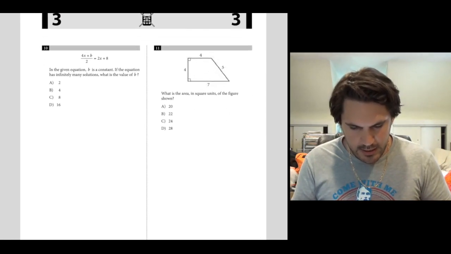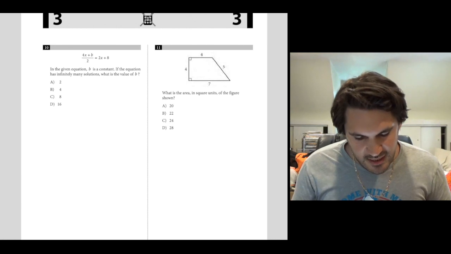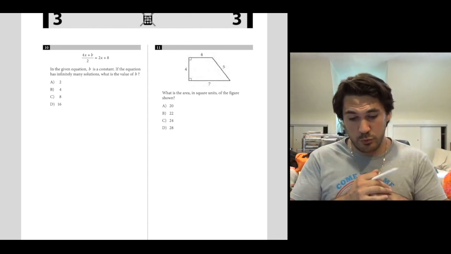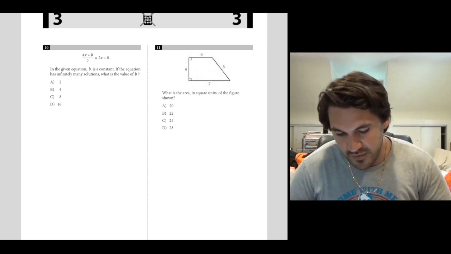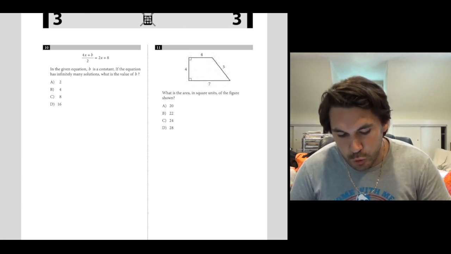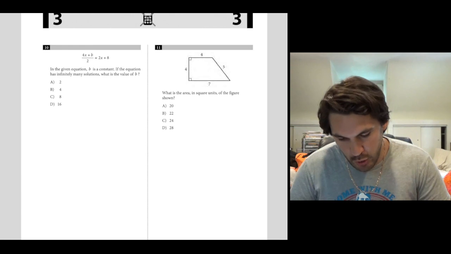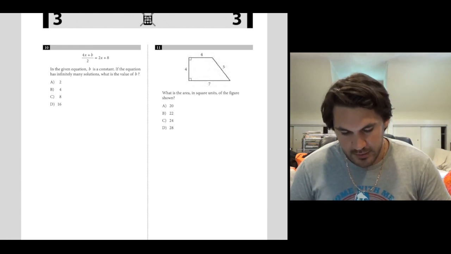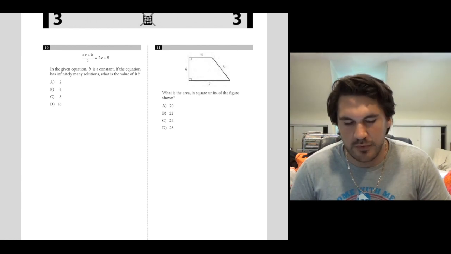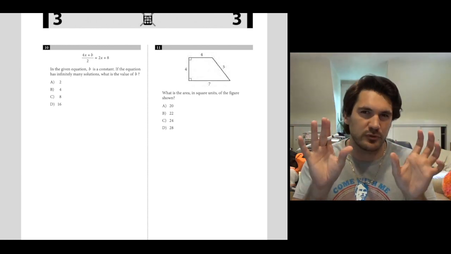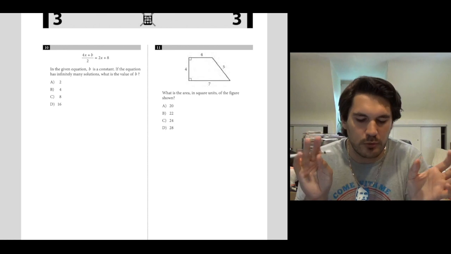Okay. Number 10. 4x plus b over 2 equals 2x plus 8 is a given equation. b is a constant. If the equation has infinitely many solutions, what is the value of b? So if there are infinitely many solutions, that means when we solve this and set both sides equal to each other, they should be equal.